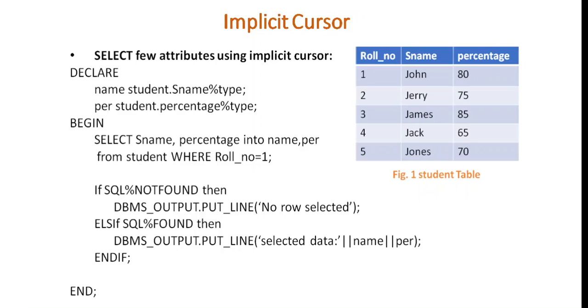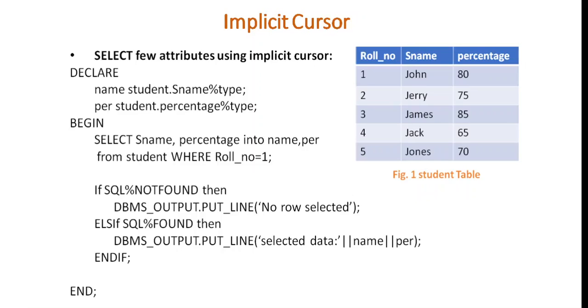If this is true, it means that a row is selected by the cursor, and then in the DBMS_OUTPUT.PUT_LINE method, in this statement we are displaying the data which is selected by the query, which is selected by the cursor. That data is in the local variables name and per. So we are just displaying the values of name and per. So this is how we can access data from a table into local variables.